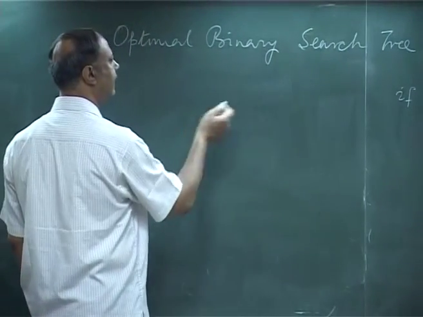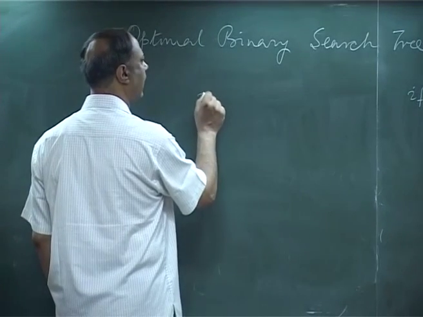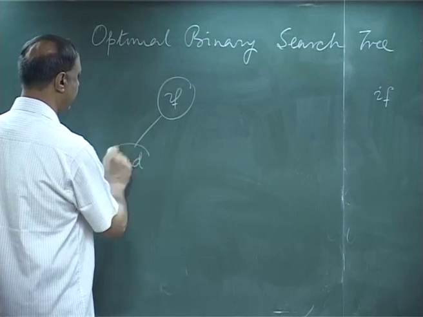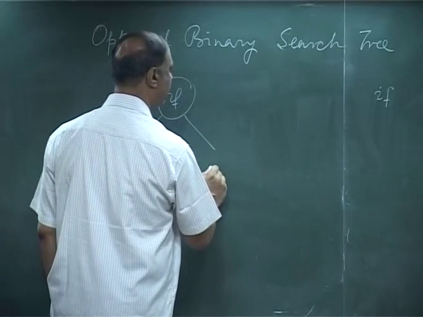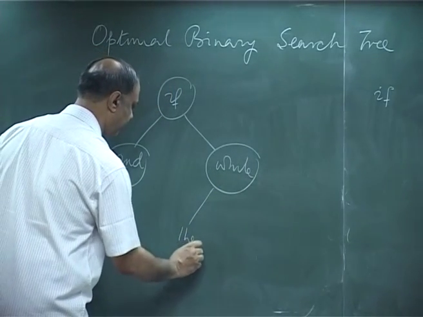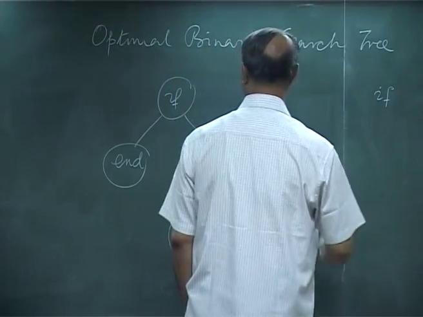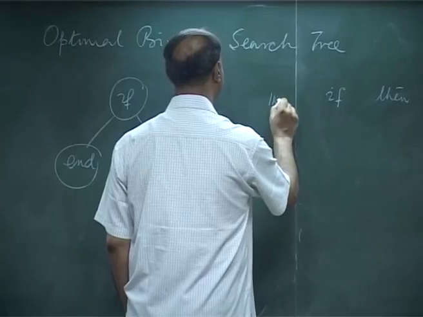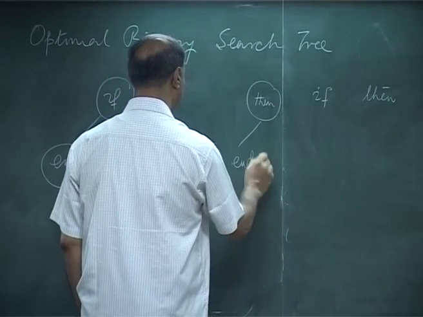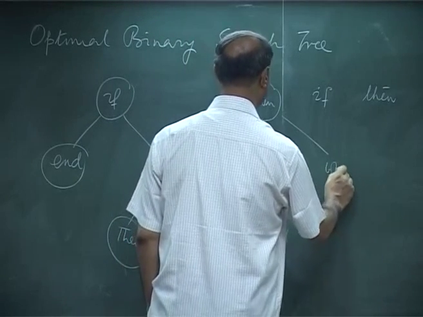so I can arrange these or put them in the form of a binary tree. Say, for example, if I write if as the identifier first, this side will be and, and this side it may be while, and this side it may be then. Another one could be, I want to put here then, this side it is and, this side is if, and this side is your while.